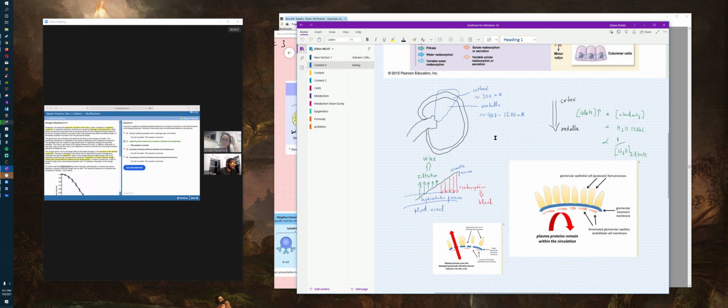It has an osmolarity of around 300 millimolar, and the medulla is between 400 and 1200. So as you go deeper from the cortex to the medulla, the solute concentration increases, which means it becomes more hypertonic, so water leaves and is reabsorbed.